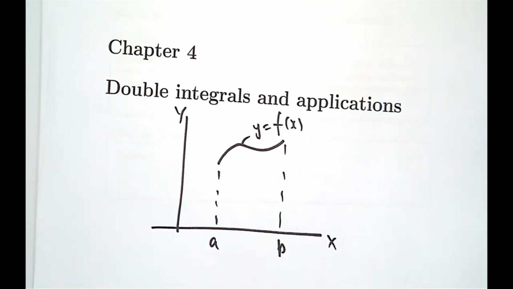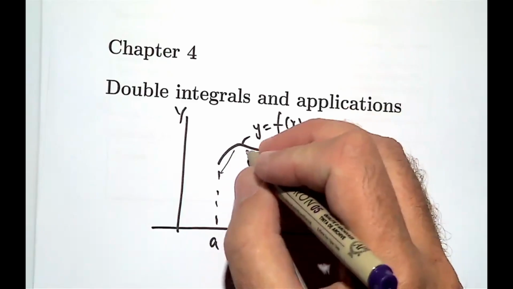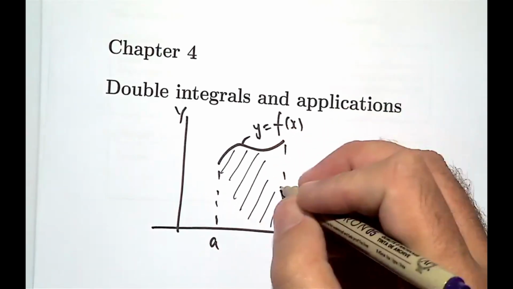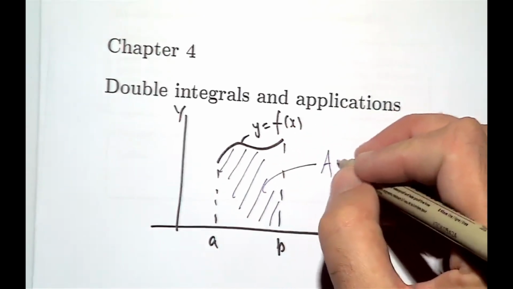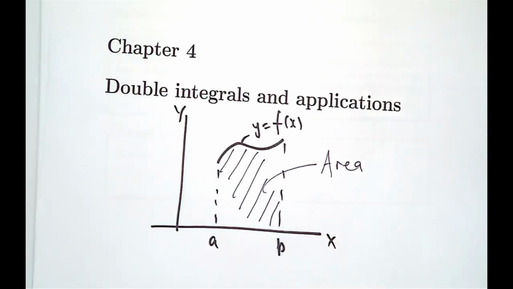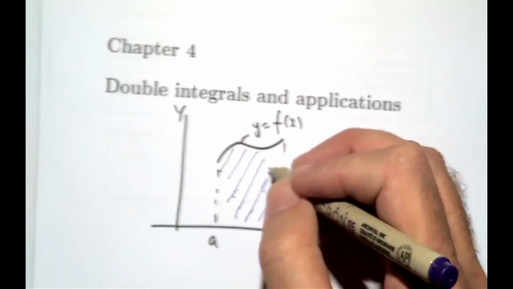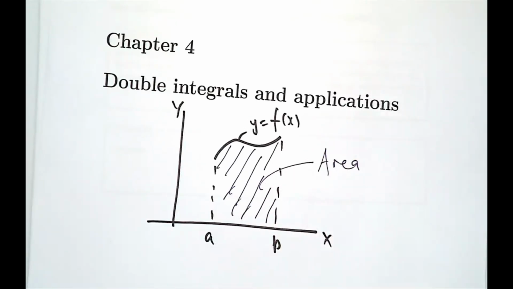Let's say the function is above the x-axis, so it's positive. We're interested in the area, okay? This is just the super basic entry-level idea for Riemann integrals, yeah?